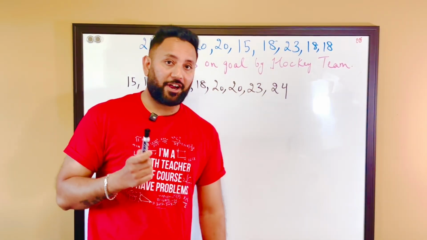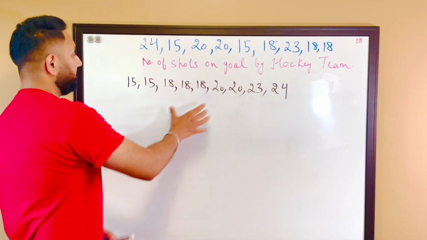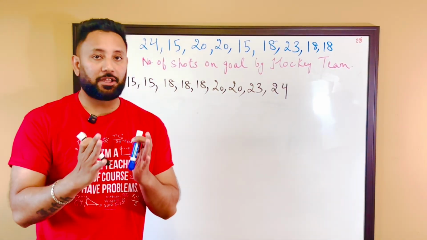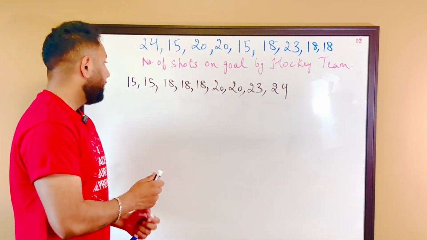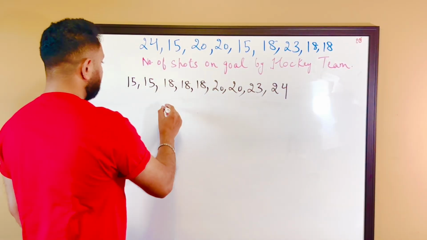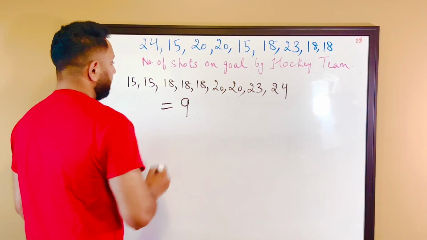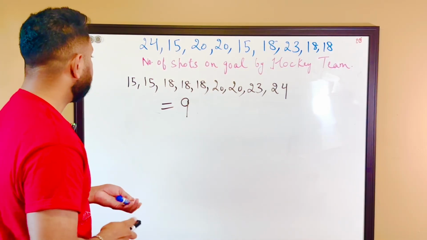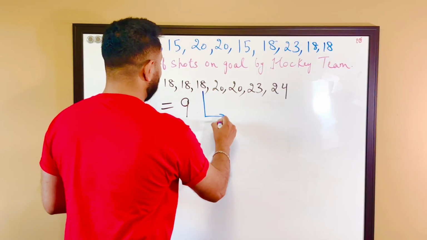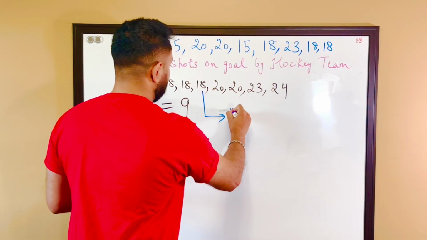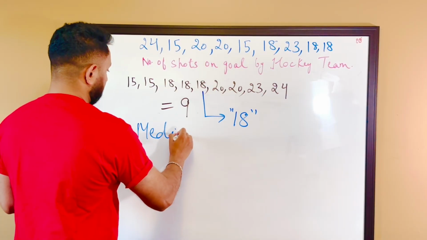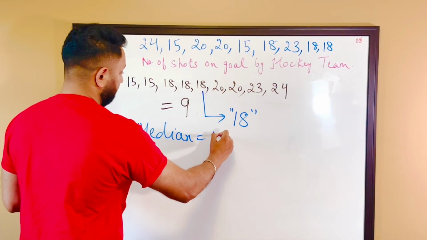So now we're gonna find the median of these data values. So median is fundamentally the middle number if the number count is odd. Here the number count is odd, which is 9. So median will be the middle number, which is 18. So median is 18.